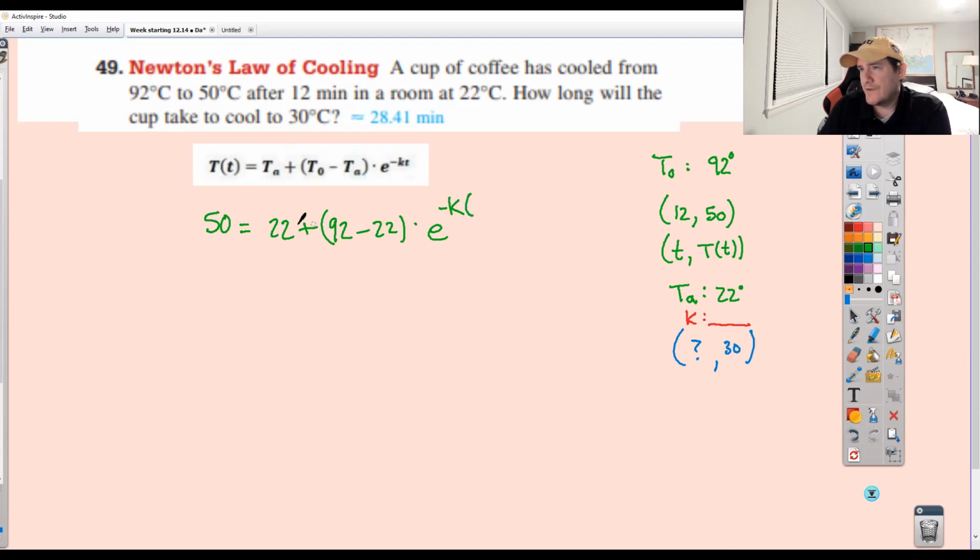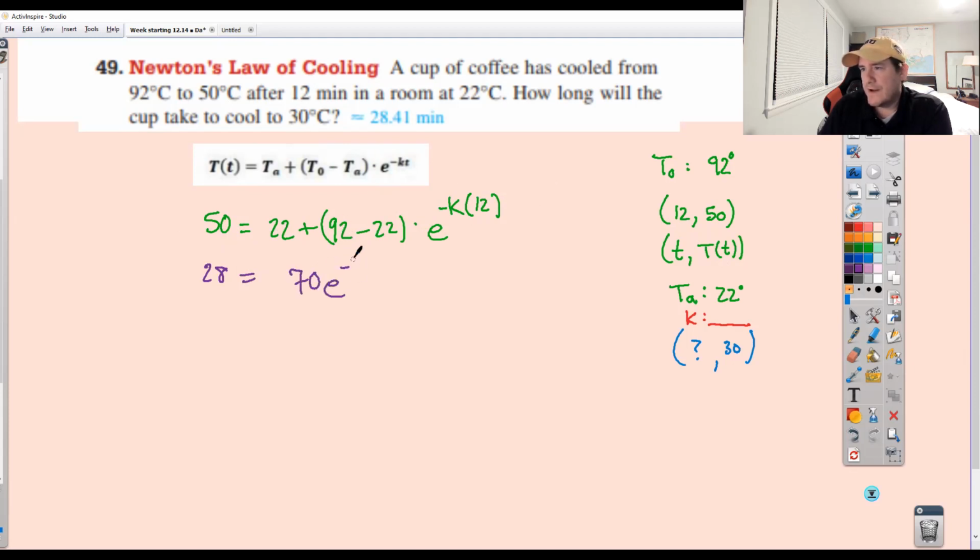And we know the associated time with the 50-degree temperature is 12. So there you go. You have all the information except for K. So now you just solve. I'll try to go through this faster than I normally do. You'll subtract 22 from both sides to be left with 28. You'll take away 22 from 92 to be left with 70.